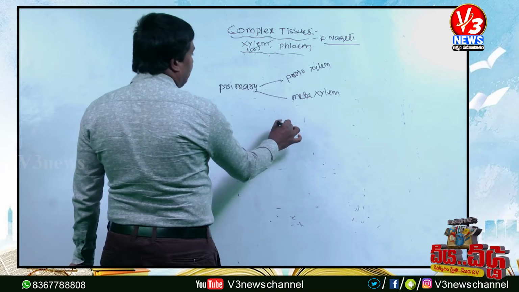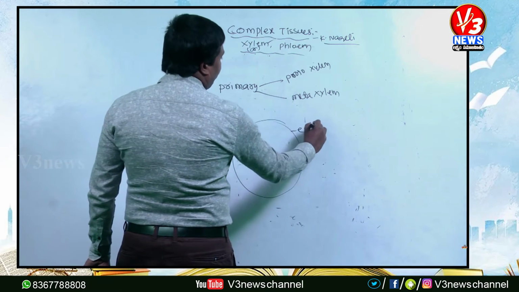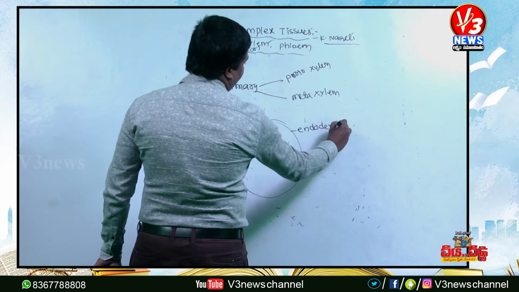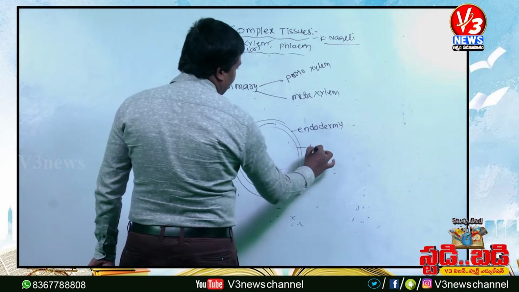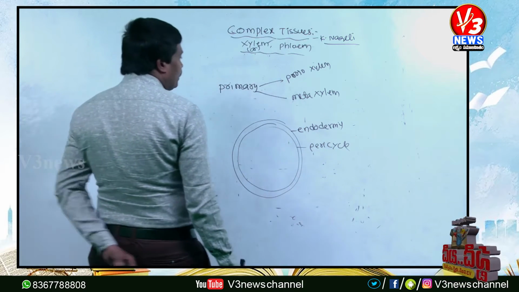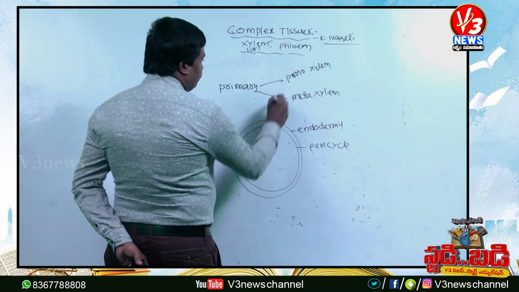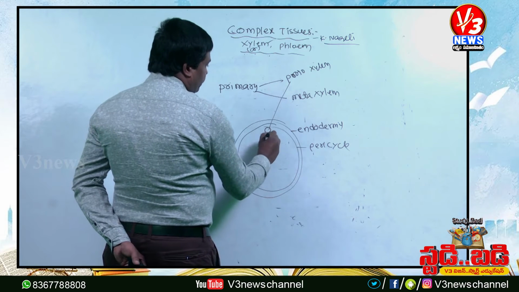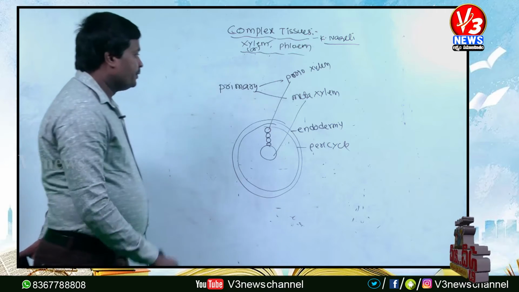For example, take the internal structure of the root. This is the endodermis, and this is the pericycle. Below the pericycle, this is the protoxylem, and this is the metaxylem.